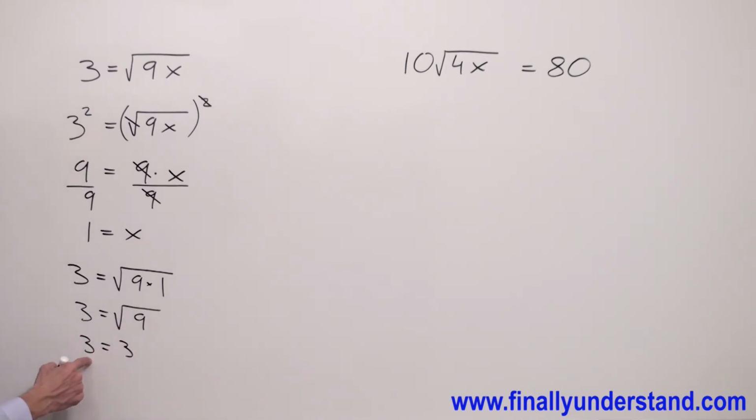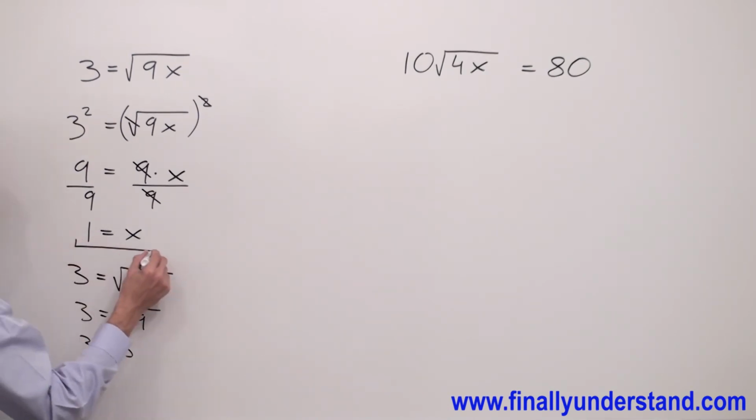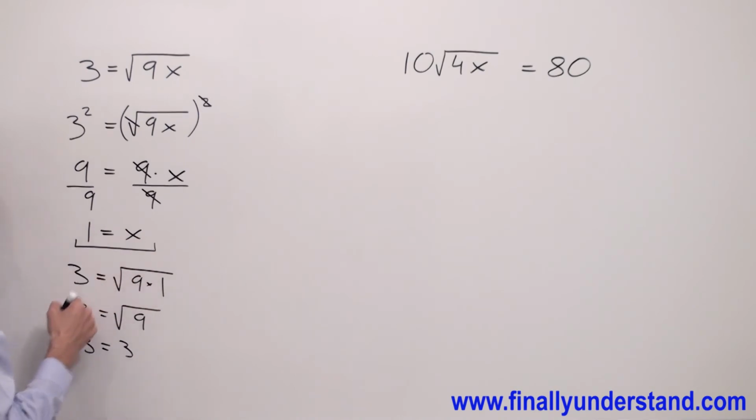As you can see, the left side is equal to the right side. That's why this is the solution to my problem. X is equal to 1.